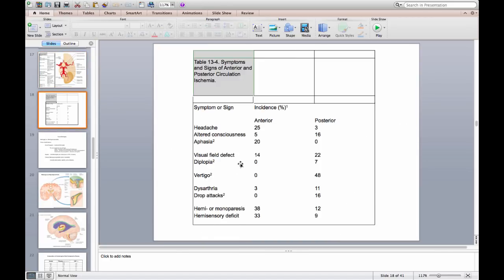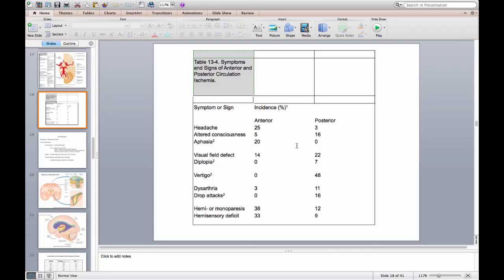We have an incidence evaluation of what changes we see, right? But basically, what we notice is that most of the motor and sensory deficits are caused by anterior strokes, right?